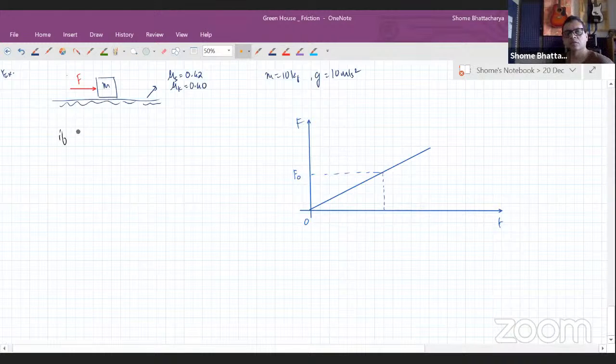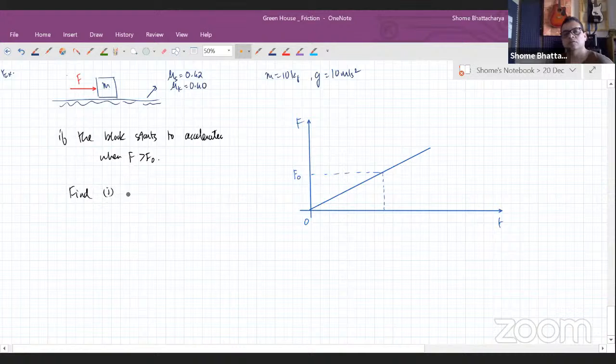So if the block starts to accelerate when F is greater than F naught, find first of all F naught. What is the value of F naught?